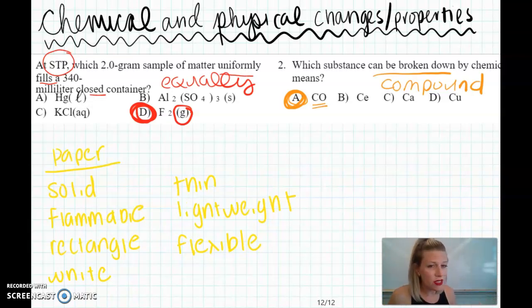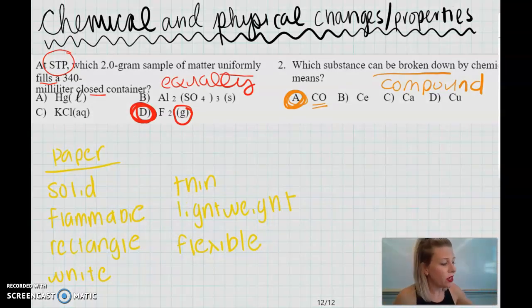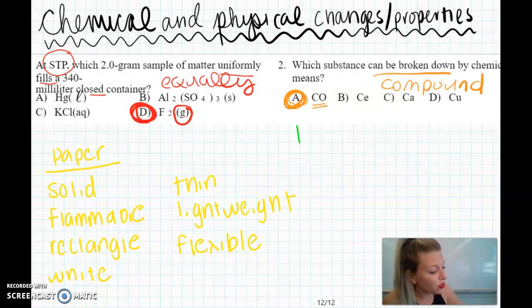So now the question is, are these properties that we just got here chemical or physical properties? So we need to go ahead then and define what a chemical versus physical property is, okay? So let's start with physical properties.